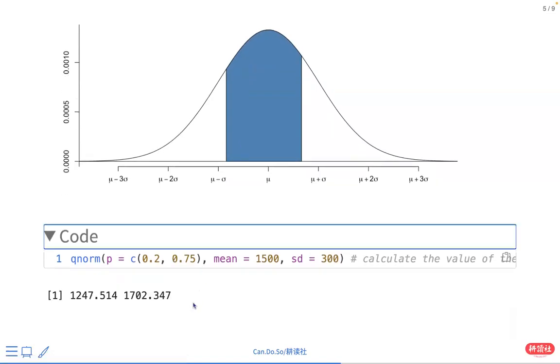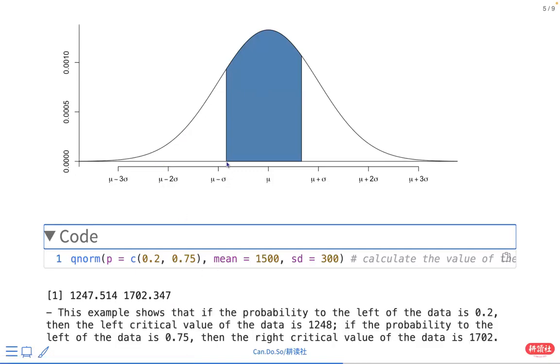What do we do? We use this one, P equals, so we got the two parts. This one minus this one, so we got this one.